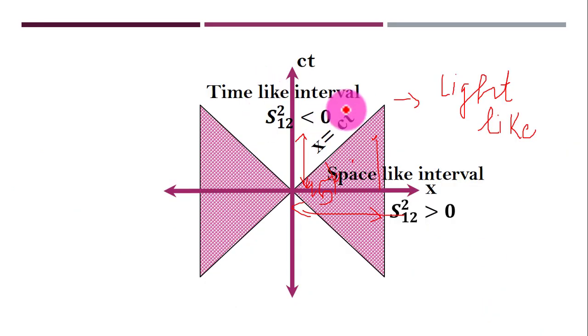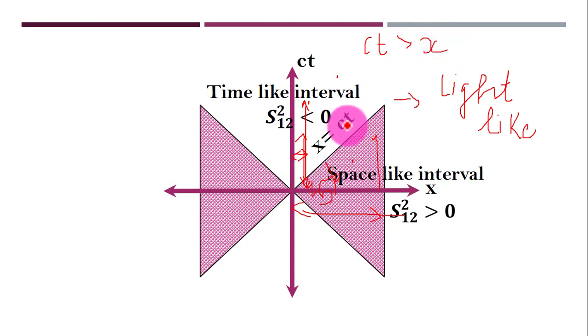And for all the events occurring here, suppose I take a point here or here, anywhere in the region above this line, the y coordinate, or you can say the ct coordinate, is greater than the x coordinate. Here the x coordinate is this much, but the ct coordinate is greater than the x term.